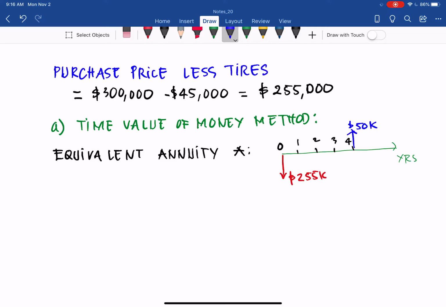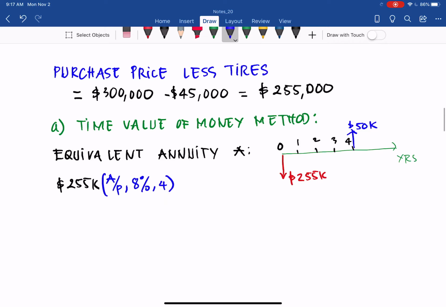So it will be equal to 255,000, which is the present value. So you will have the equation with the factor given P, A over P with interest 8% for 4 years, which the problem gives us.